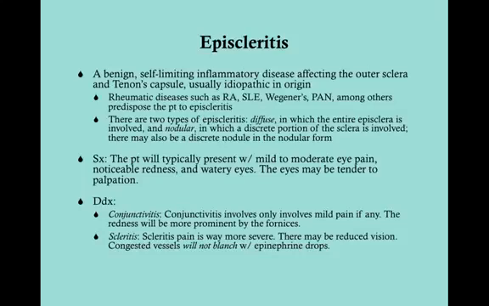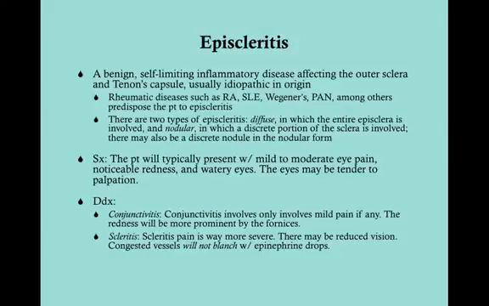Episcleritis is inflammatory, but usually it's idiopathic in origin. About 67% of episcleritis cases, we don't know what causes them, or they're not linked to a disease that we traditionally associate with episcleritis. Episcleritis tends to not be a bacterial or an infectious disease. It's usually due to rheumatic diseases when we know a cause. Those rheumatic diseases include RA, lupus, Wegener's, polyarteritis nodosa, and then some others like psoriasis.